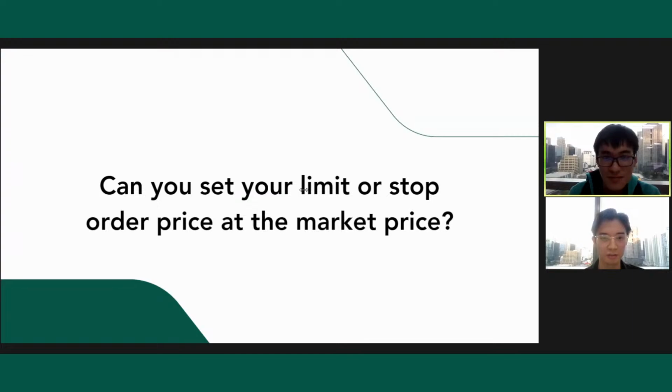Yeah, but there is also a stop limit order, which only executes when it hits your trigger. It's an added step: if you don't want to simply execute at the limit order, you can put a stop limit order, which will only execute if the price hits your trigger and then your limit price. All right, let's go to the next question.